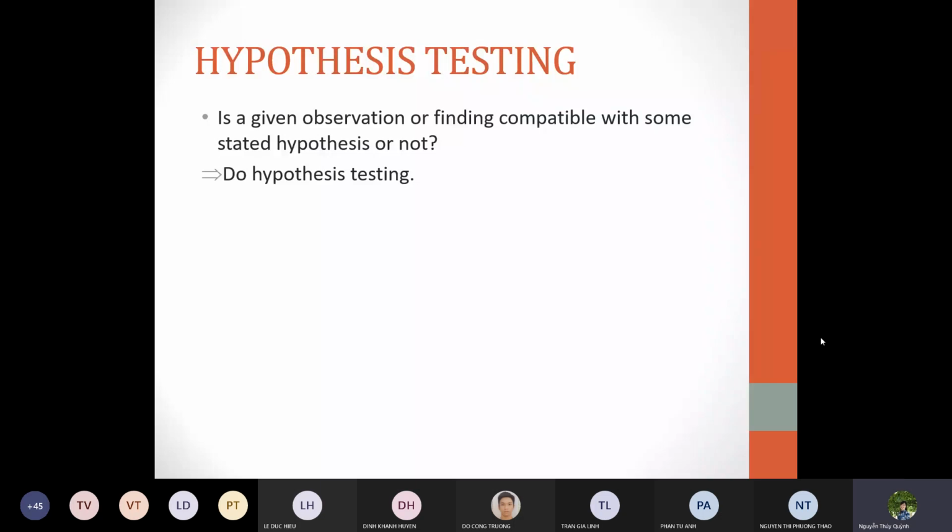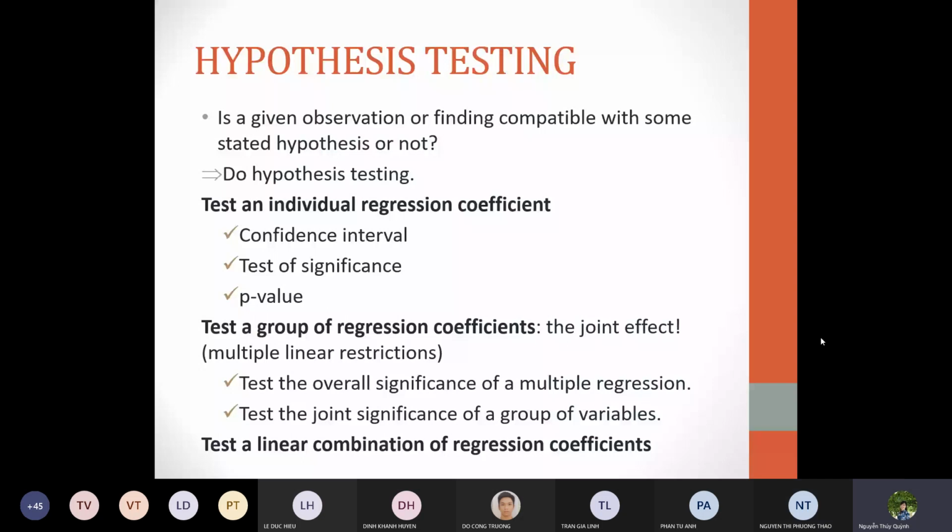In this course, we will do some tests about the regression coefficients. The first one is to test an individual regression coefficient. When we test an individual regression coefficient, we are testing the individual effect of one independent variable on the dependent variable.